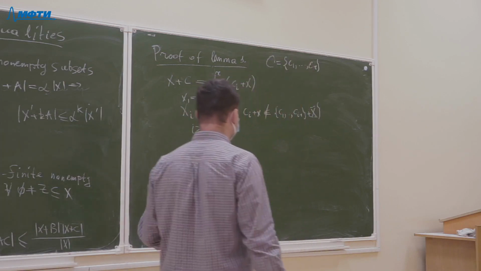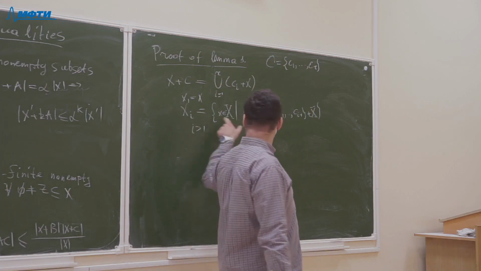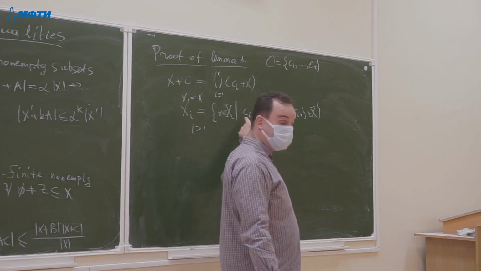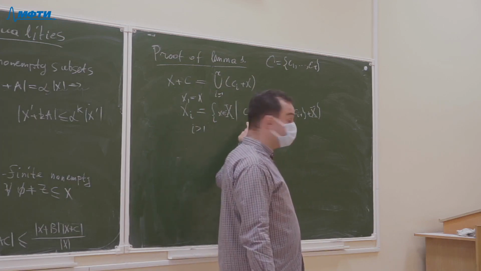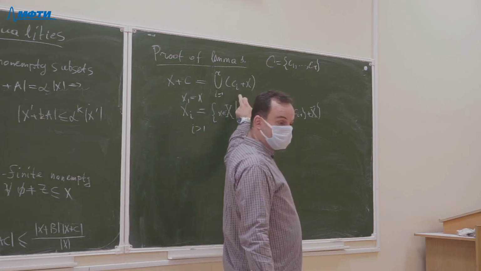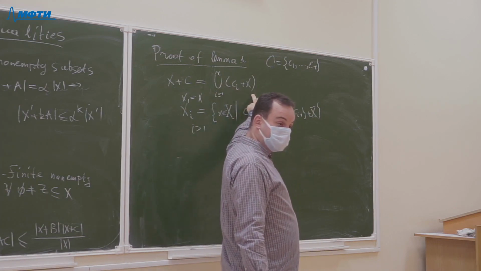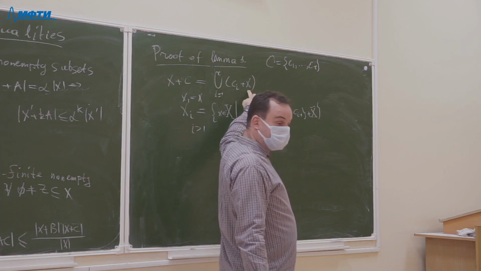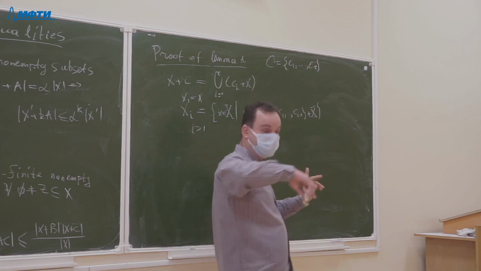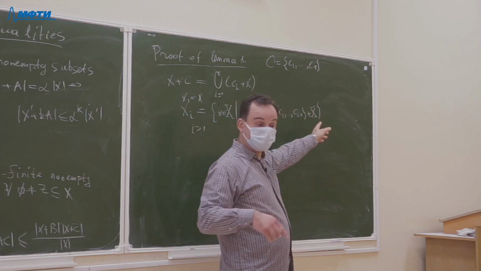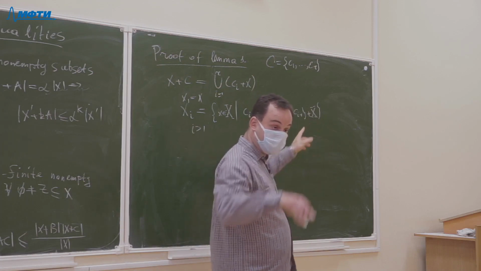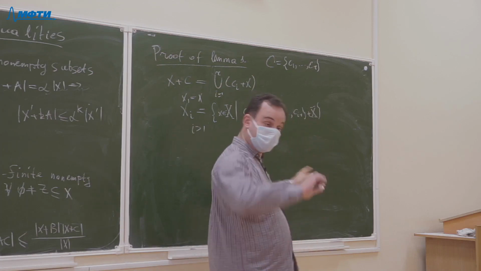What do we do? We just take inside X only the unique elements which appear in c_i plus X. All the elements which we already obtained in previous steps, when we unite them, we remove.